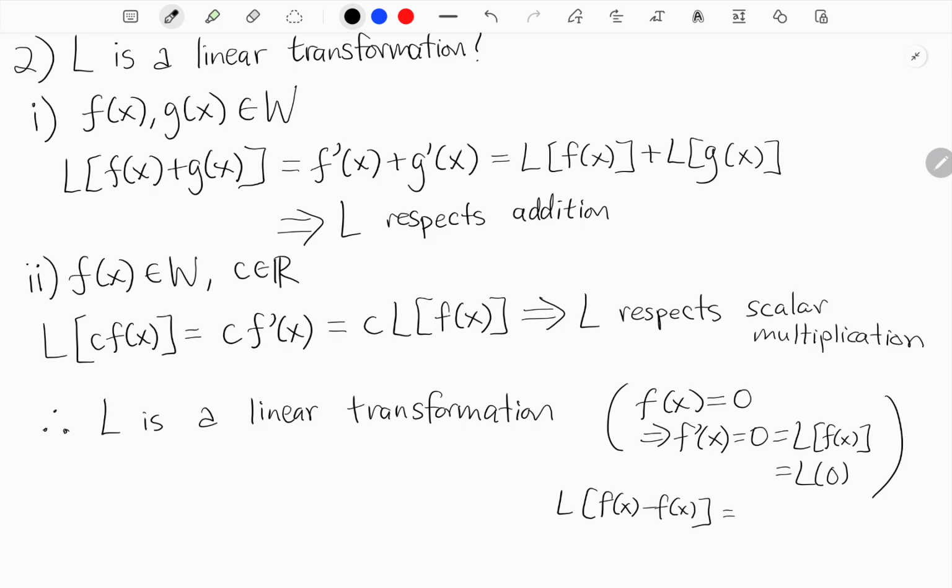This is just L of f of x minus L of f of x, which is equal to 0. And the inside here is 0. So I have L of 0 is equal to 0. Okay, so that's that.